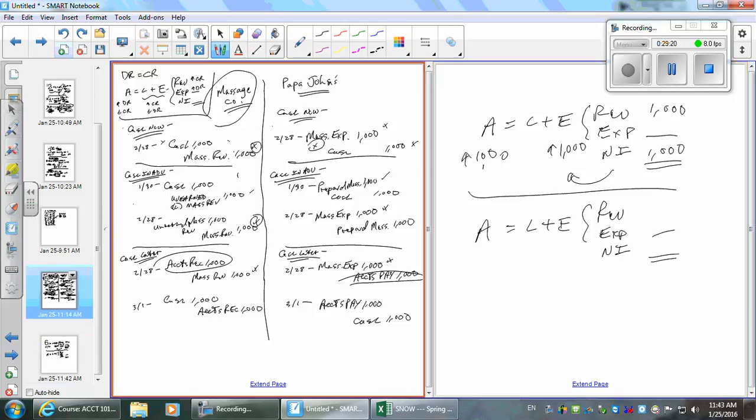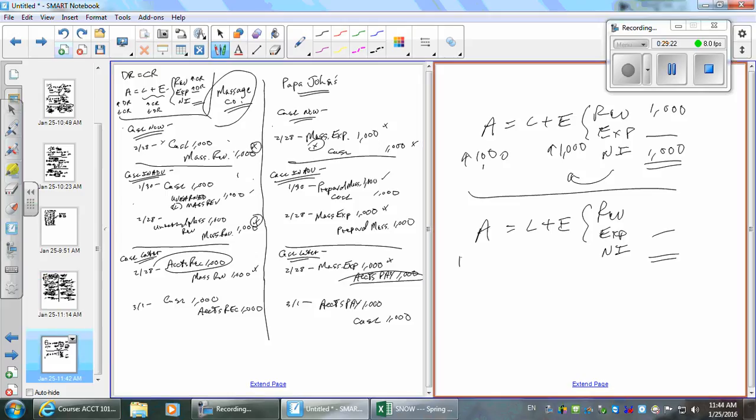Everybody see it? That's what it was, wasn't it? More cash by 1,000. And more, so more assets, not more revenue. More liability, unearned revenue. What happened to equity? Nothing. We didn't earn anything. We didn't have any expenses. Everybody agree? Okay, so that's what we have on our balance sheet at the end of January, right?